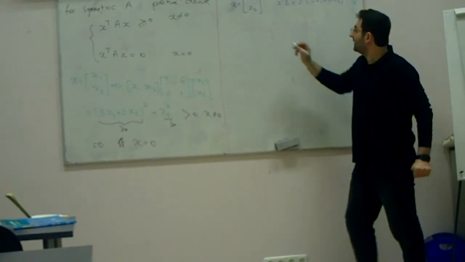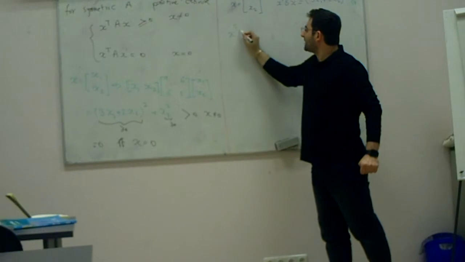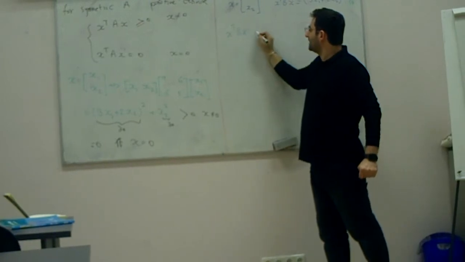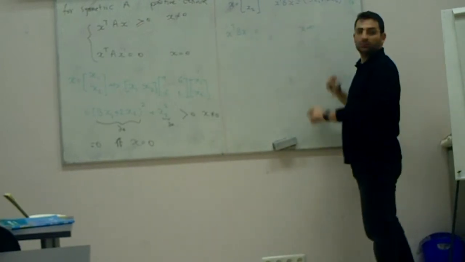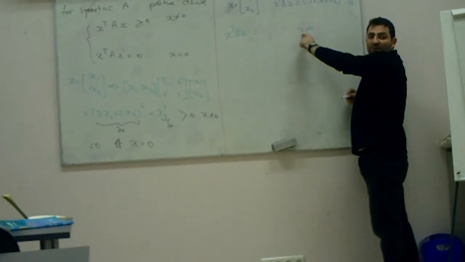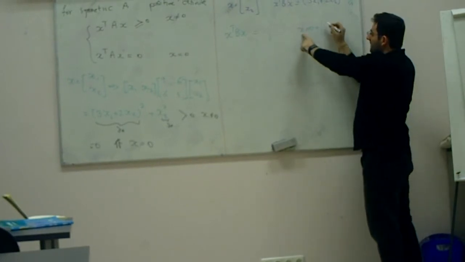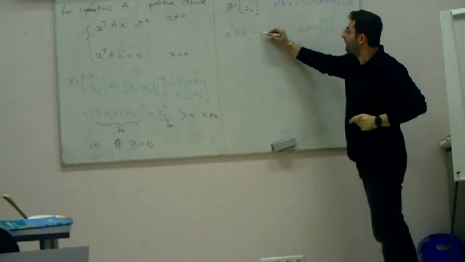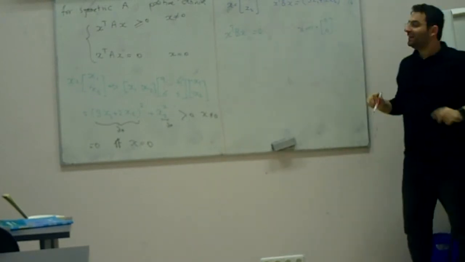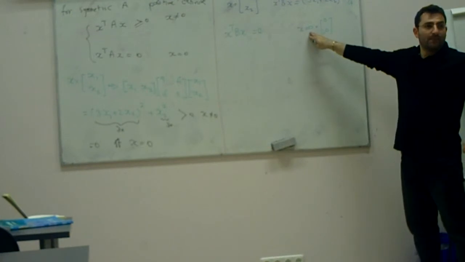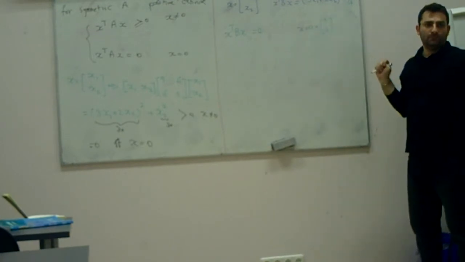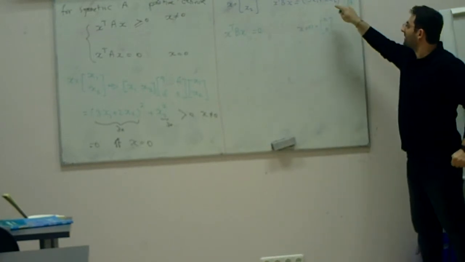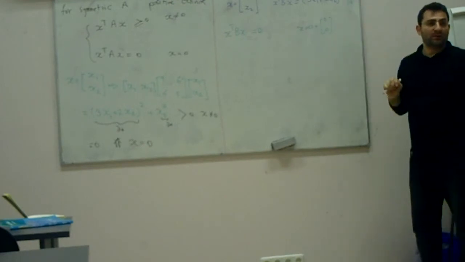But before that, can you tell me what x transpose Bx is if x is equal to 0? I put x as 0, 0 in here. What is the result? 0. Now, question. If x is not 0, do I get this expression to be equal to 0?